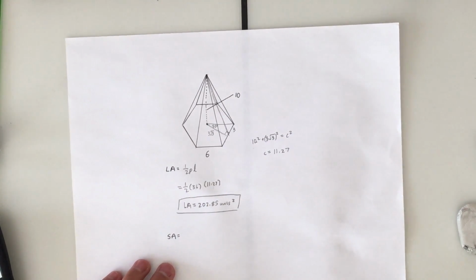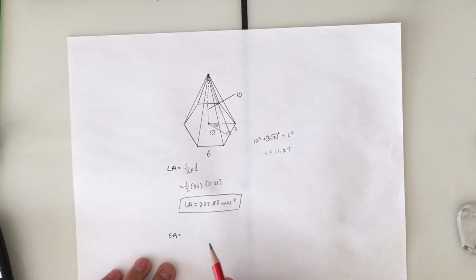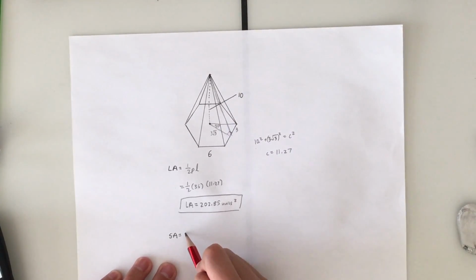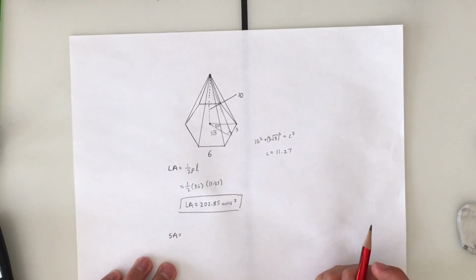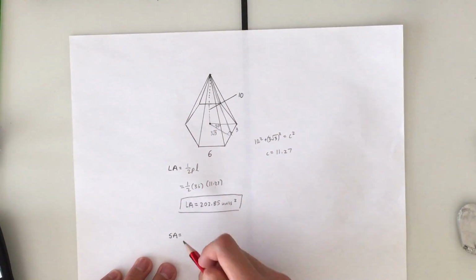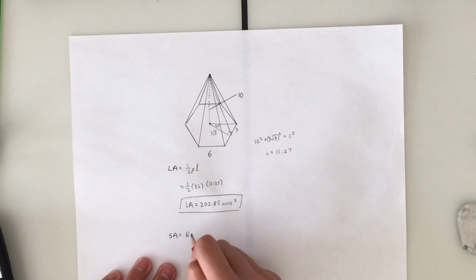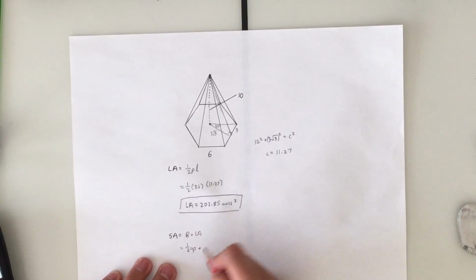And now we just need to find the surface area. And the surface area should be easy, since over here we already found our apothem. We can just use our knowledge that the area of a regular hexagon is 1/2 times apothem times perimeter. So surface area is base plus the lateral area. And we know that the base is 1/2 times apothem times perimeter. And we just need to add our lateral area.